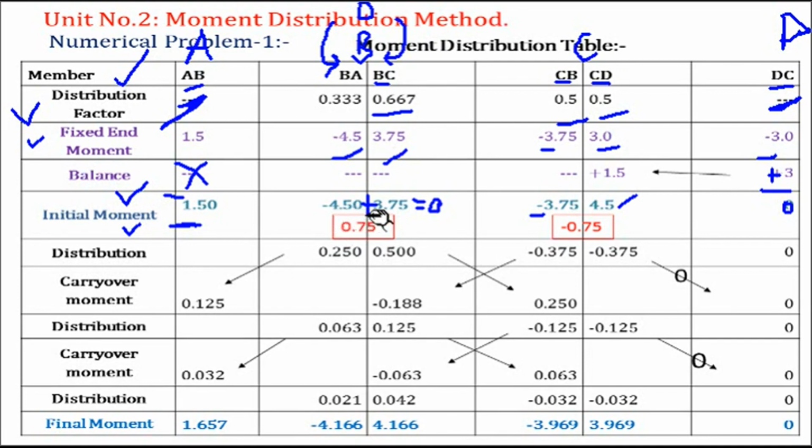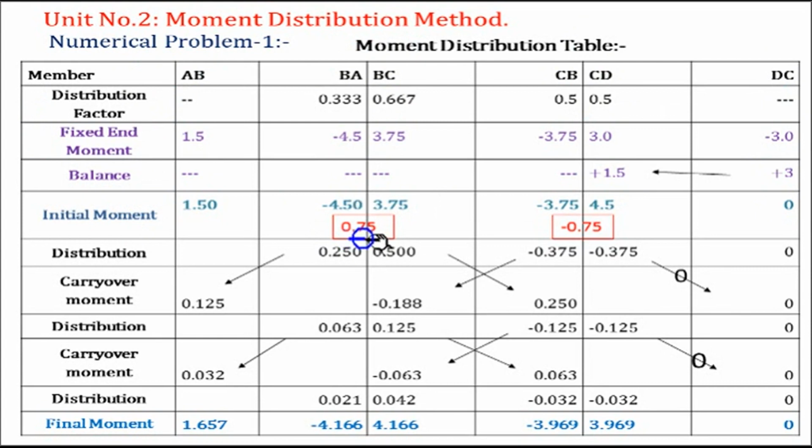Minus 4.50 plus 3.75 is not equal to 0. That value comes out as minus 0.75. So that means there is a need of stability, and for that you have to add a correction of plus 0.75.